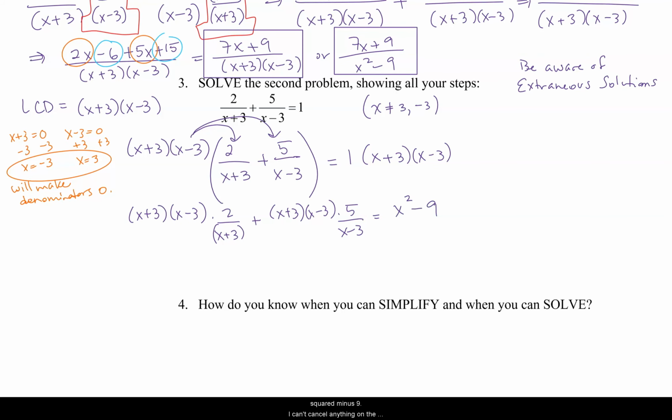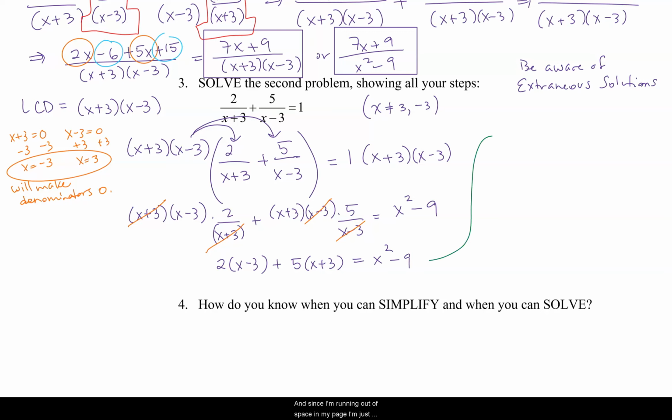I could multiply that out, get x squared minus 9. I can't cancel anything on the right side, so we can go ahead and multiply that out. And now I can cancel denominators. X plus 3 will cancel in the first term. X minus 3 will cancel in the second term. And we're left with 2 times x minus 3 plus 5 times x plus 3 equals x squared minus 9.